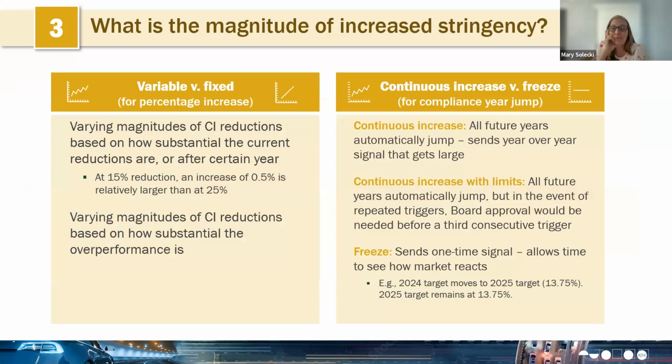I'm only going to briefly mention the variable versus fixed approaches on the left-hand side of your screen, since we aren't ultimately recommending that.